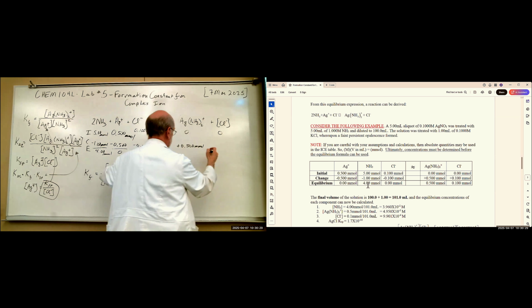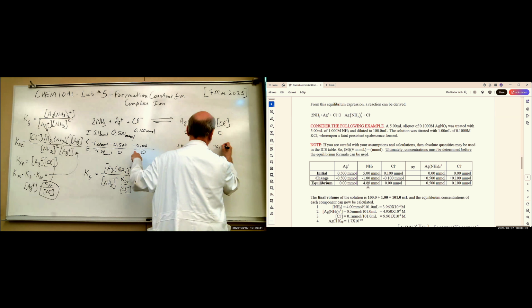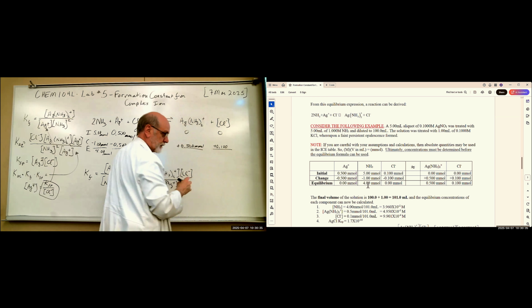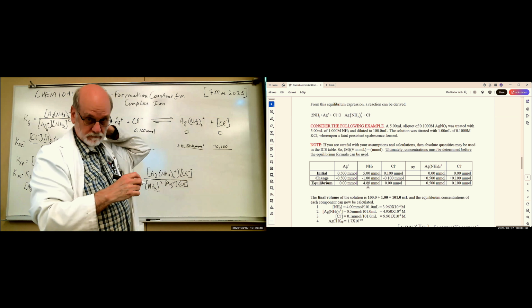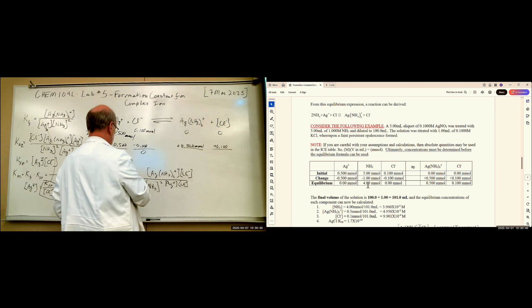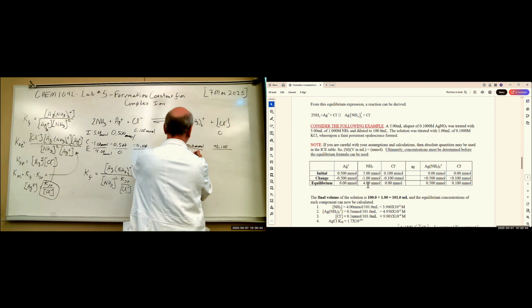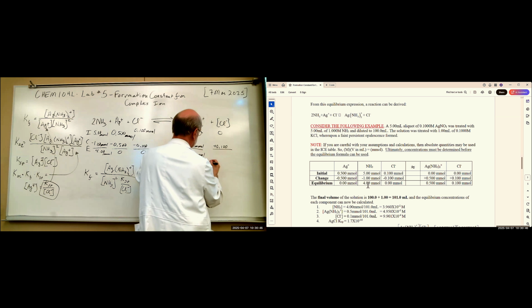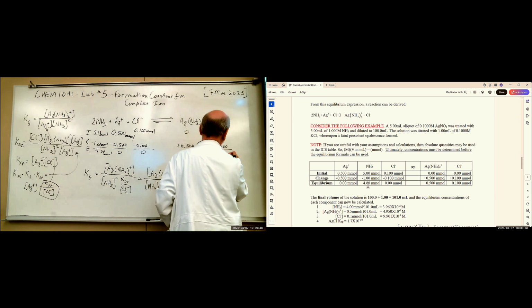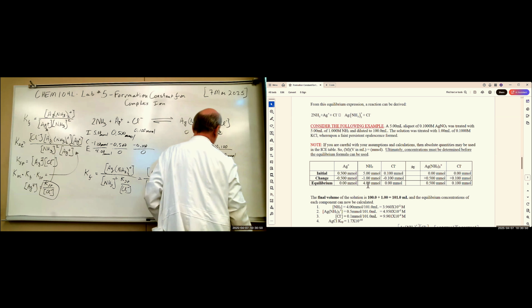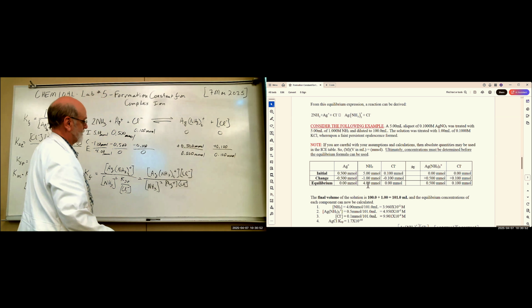And we lose 1 of these, get plus 0.1 millimole. Right? So now we have 0.5 millimole of this and 0.1 millimole of chloride in solution. Okay.